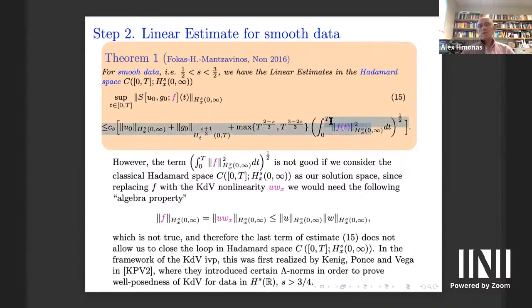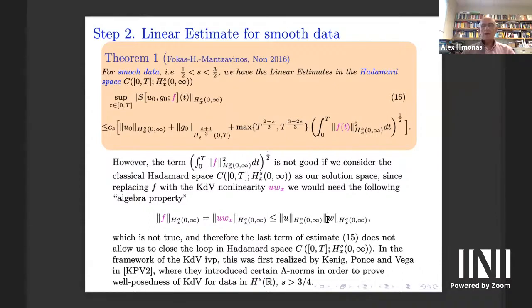And this norm here is funny, although it's L2, because the nonlinearity is UUX, and we don't have the algebra property for this norm. We cannot produce something like this. And this is the problem of this method.